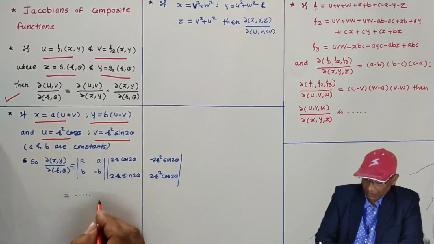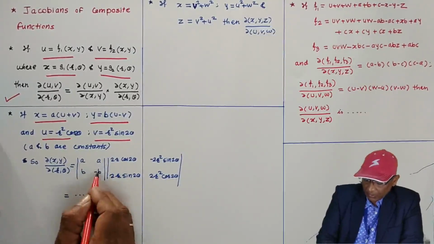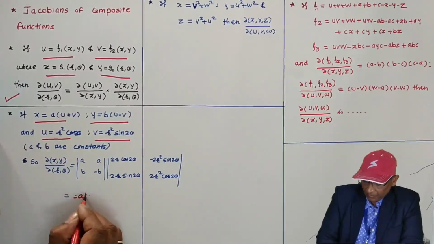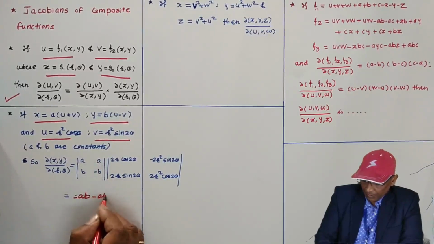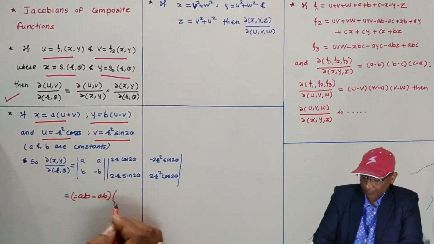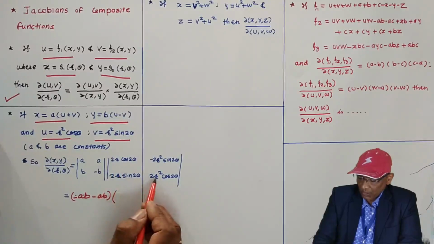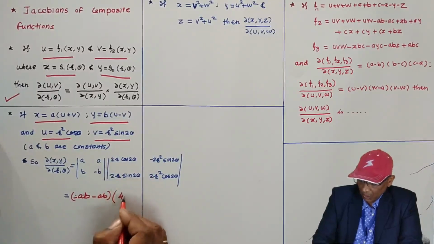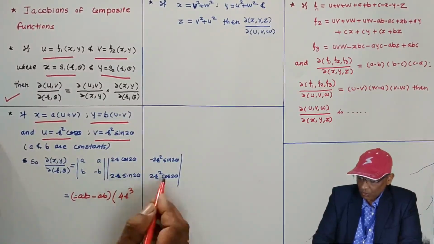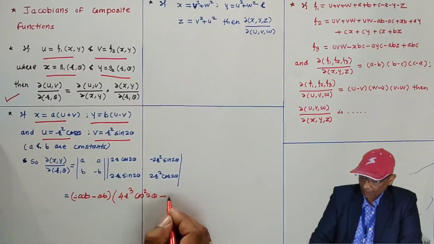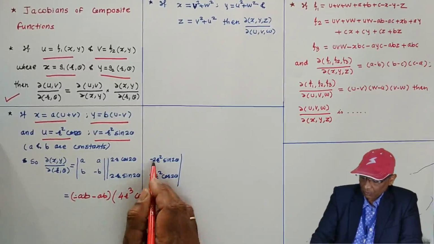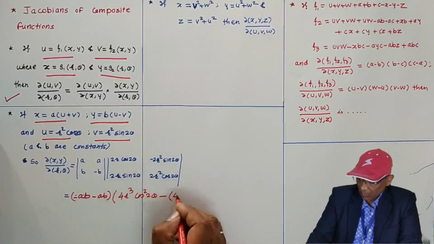If you calculate for this determinant, then we are going to solve it. Okay, a into minus b is minus ab, minus a into b, multiplied by product of these two. 2r square into 2r is 4r cube. Cos is cos square theta minus 2r square into this is 4r cube.